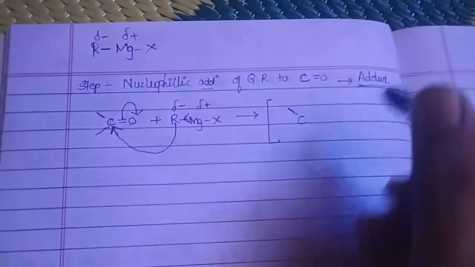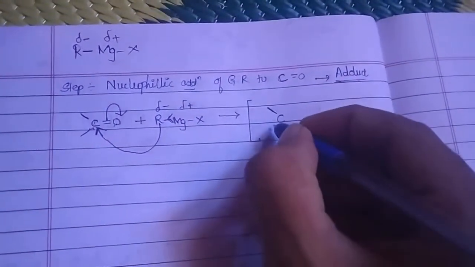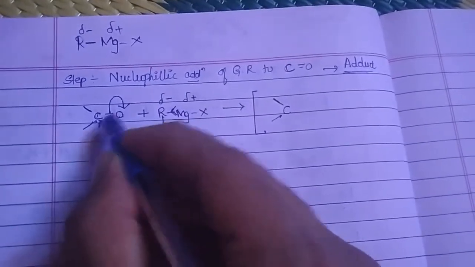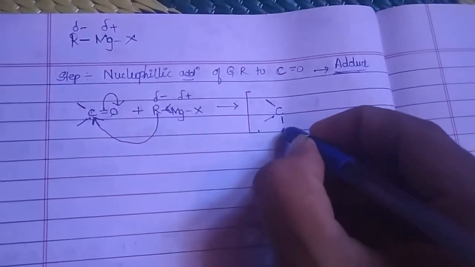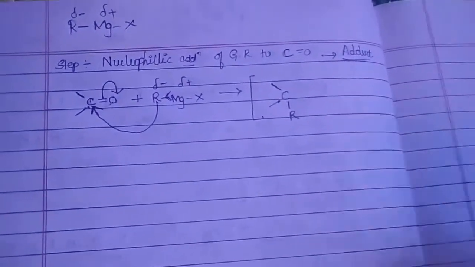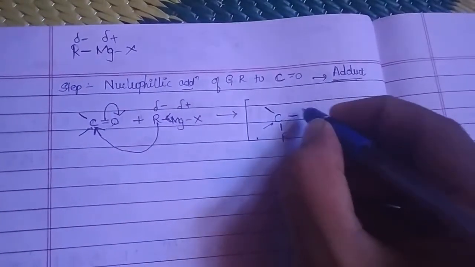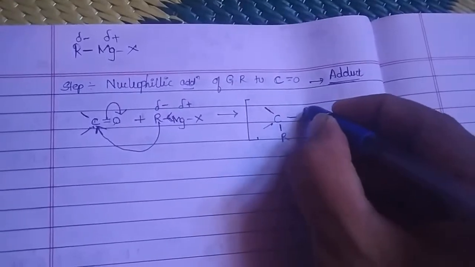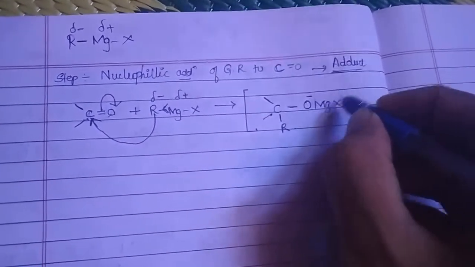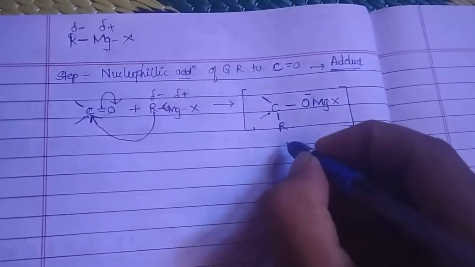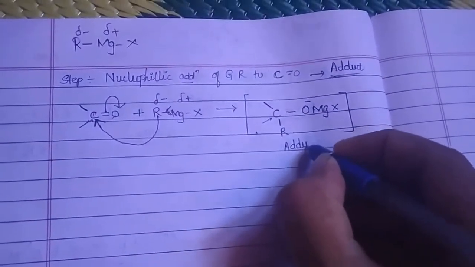This adduct, I am going to show it over here now. See, this is C as usual. Now what has happened? R has come and attached to this carbon, so here you will be getting our R. Then as usual, you have your O. Since it has a minus and Mg is plus, it is O, Mg, X. This is called an adduct.